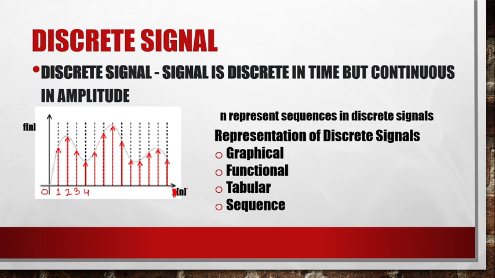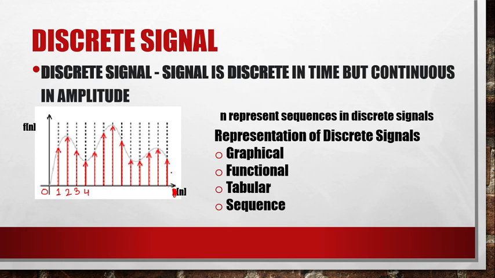What is n? n is the sequence index of the discrete signal, representing the number of samples. In a discrete signal we make the time discrete, but the magnitude at that particular time is the same as before. We are only obstructing the continuous flow of time. So this is the discrete signal.